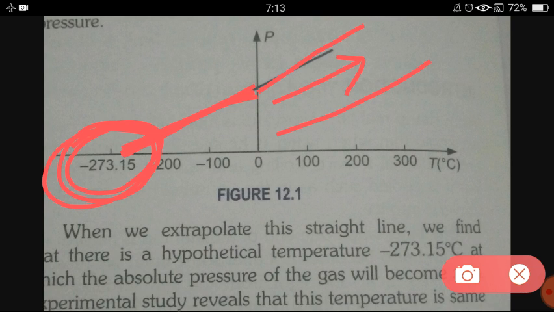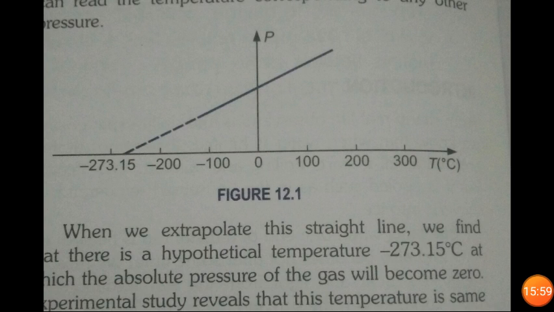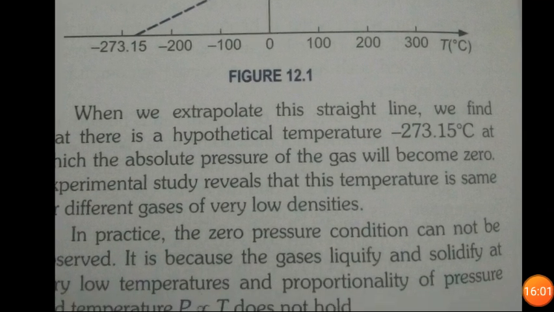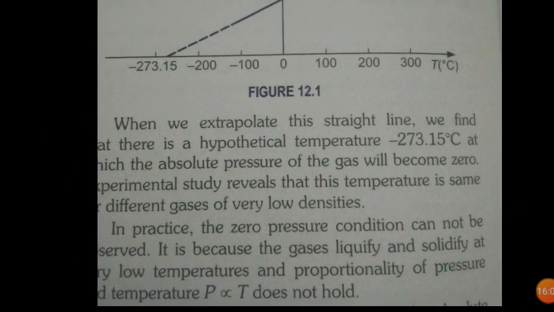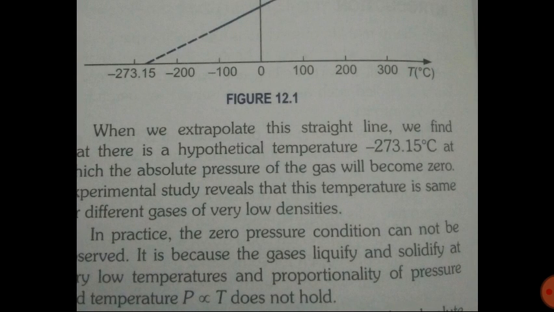So according to this absolute scale, 100 Kelvin will be minus 173.15 degrees Celsius. I hope you all have understood this phenomenon, how we have found out the absolute value.